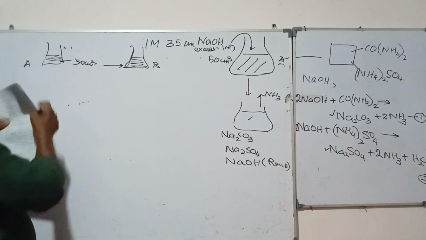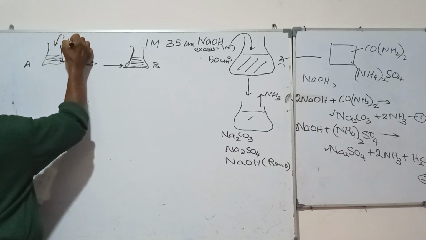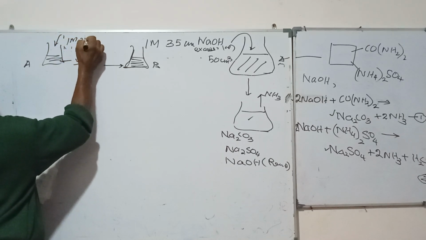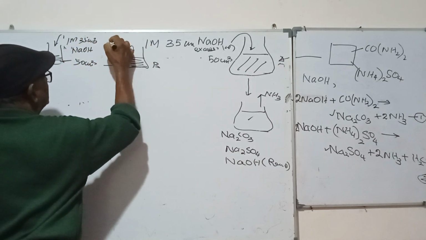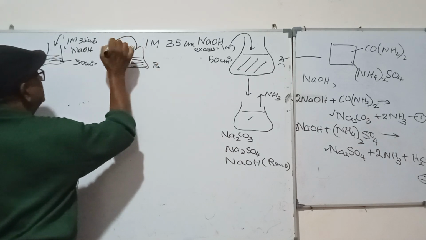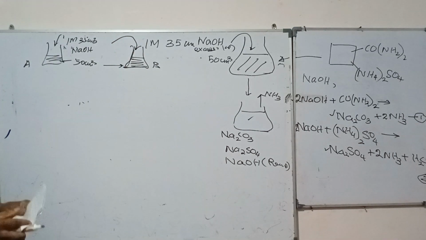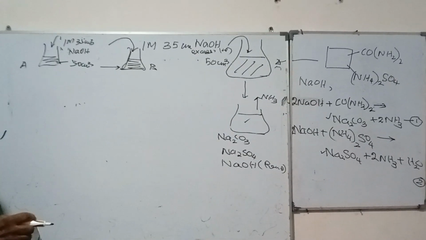To this one also add 1m35 cubic centimeter of NaOH. So these two, A and B, are identical solutions.